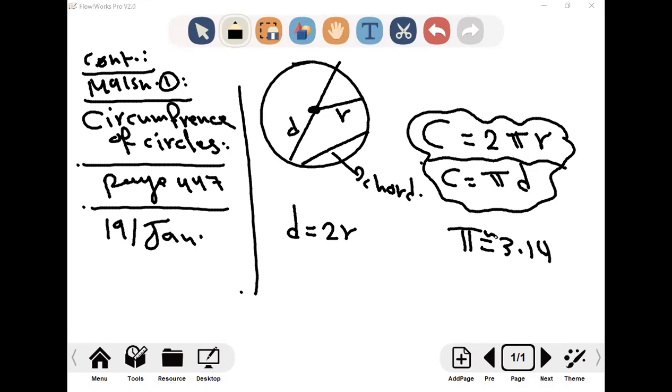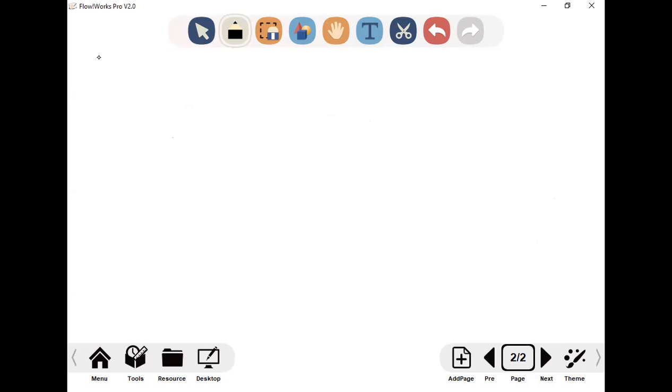Good. Now, look at the board. Example 3. It's an important item. Yesterday, in the examples and the check, what we did, the question gave me the radius or the diameter, and the question wants me to find the circumference, right?